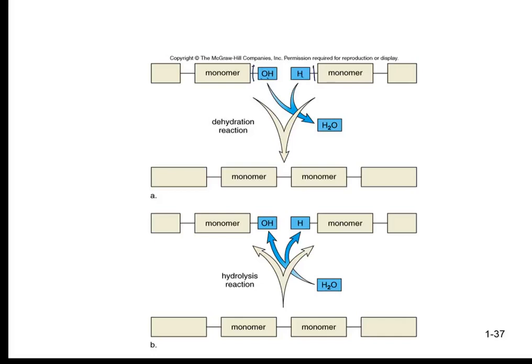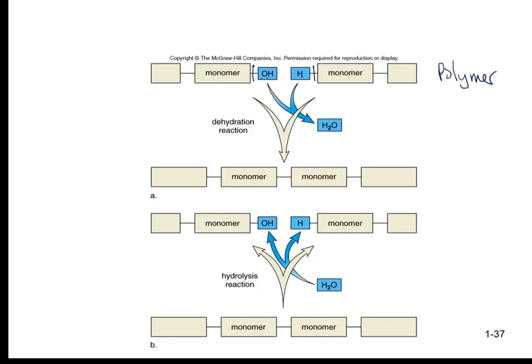So this process is dehydration. I want you to be able to memorize this process. If you are given a diagram like this one, you need to know that if we have OH on one side and H on one side, when we get rid of that and connect the remaining parts, we are forming a polymer using dehydration.